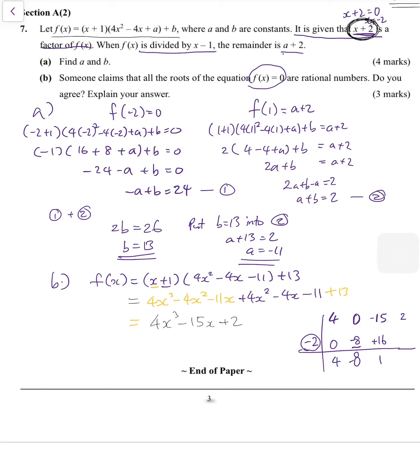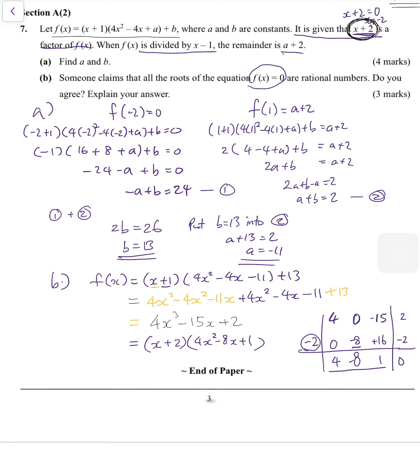You get a 1, and 1 times negative 2 is negative 2, then you get a 0. So basically this part is your factorized quotient. You have the first one as x plus 2, and the second one is 4x squared minus 8x plus 1.